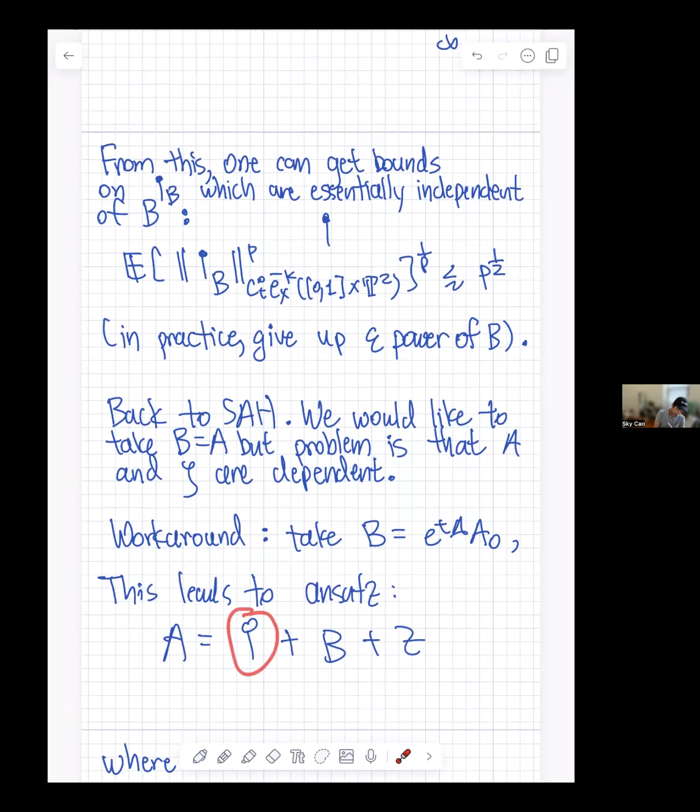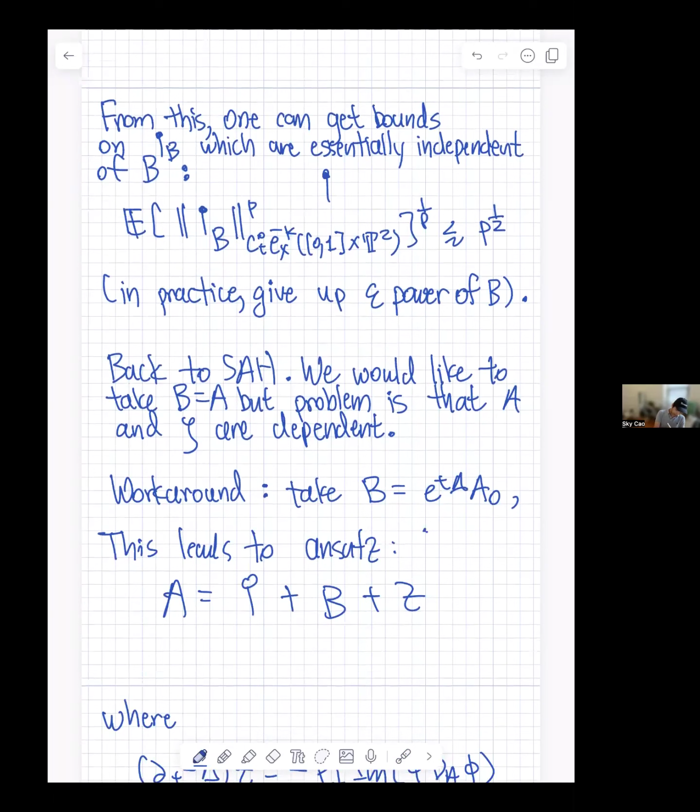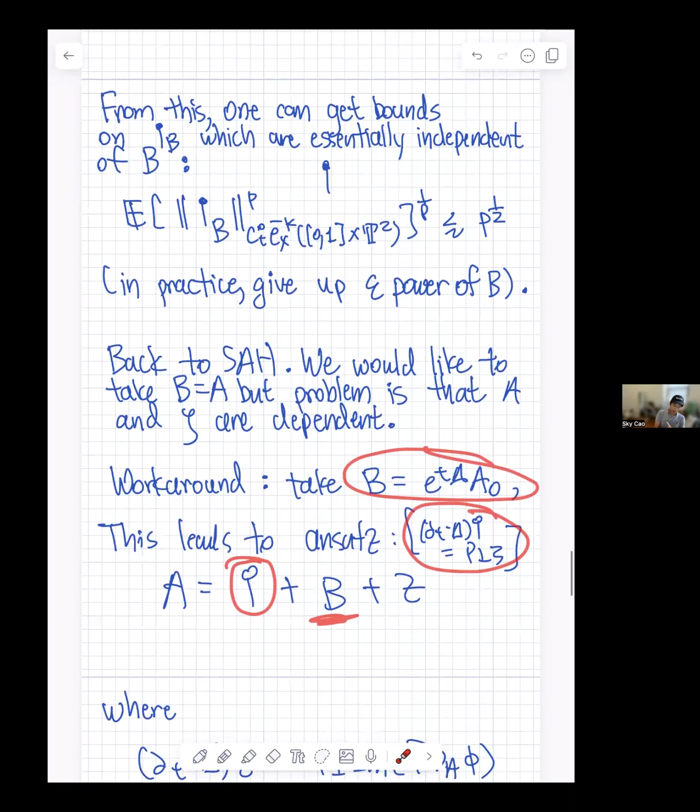This is the usual linear object, which satisfies this equation. This B is exactly what I wrote here, and then Z is the remainder. So this Z is just whatever is the difference between A and these two terms.